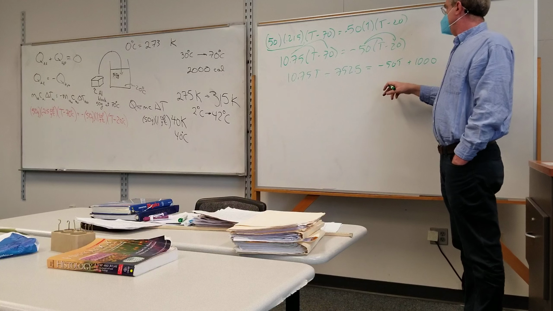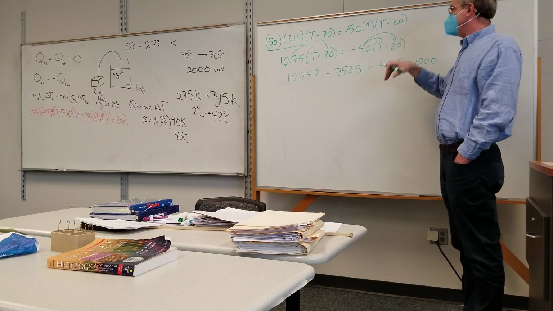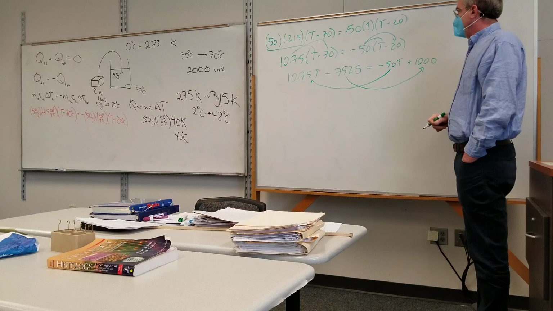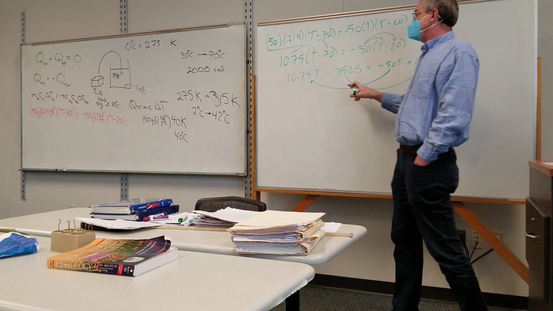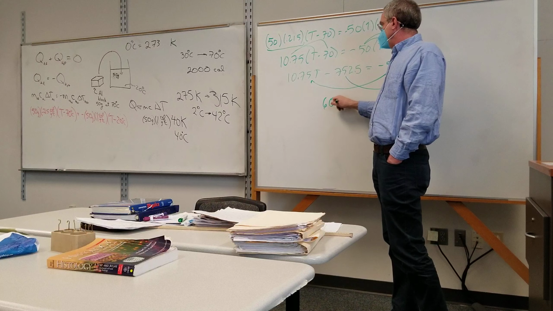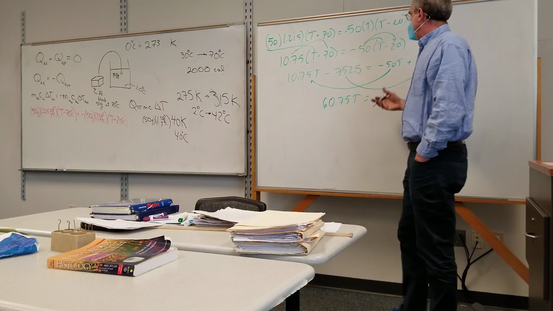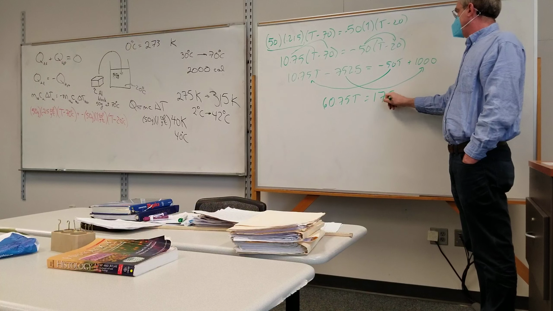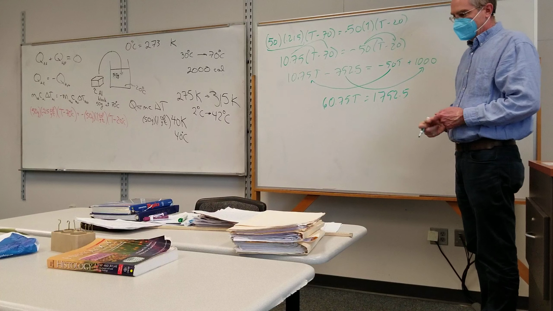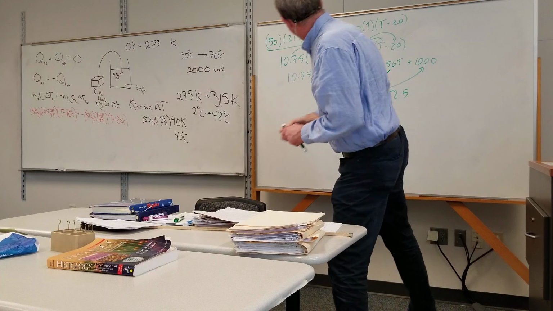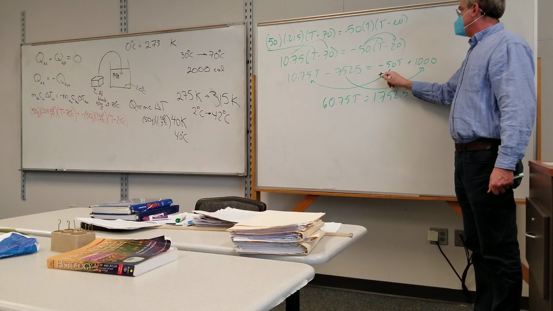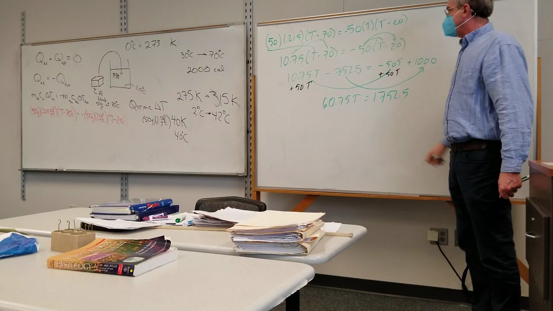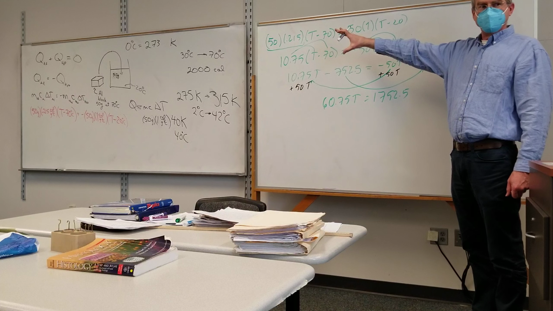Okay. All right, so now I need to get the t's on one side, the non-t's on the other, so I'm going to bring this over to the left-hand side, bring this over to the right-hand side. So I add 50t to both sides, so I get 60.75t. And over here, I'm adding that to the other side, so that's 1752.5. For those who missed that, I'm going to add 50t to both sides so that it disappears from this side and shows up on the other side.